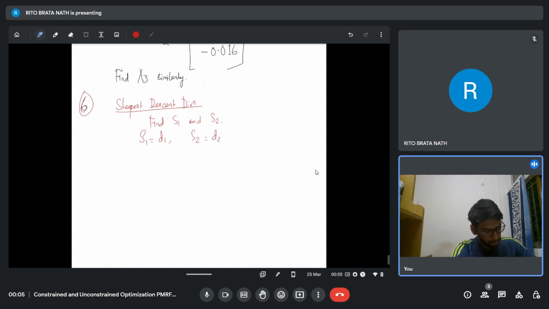So D1 is nothing but minus of grad of f(x) at x equals x1 point, and then D2 is minus the grad of f at x equals x2 point. Okay, so you have to find this capital X1 and capital X2 anyway, and I'm not going into the details of it because that could be simple.